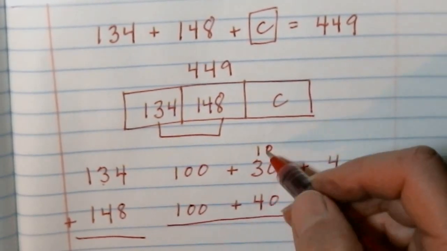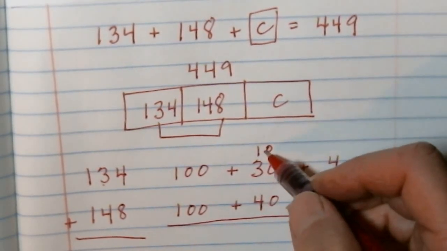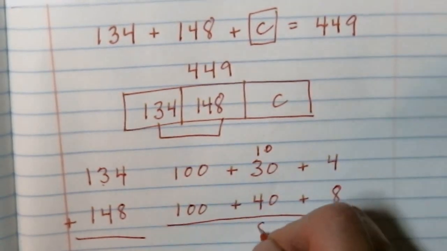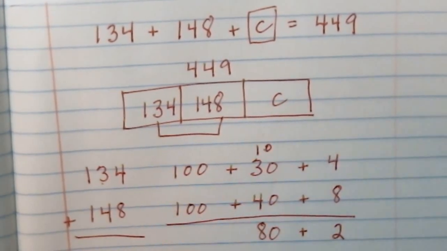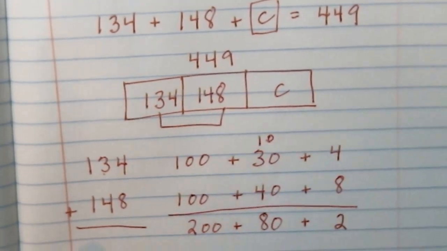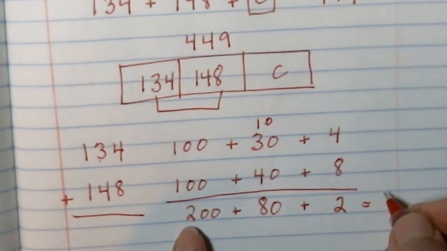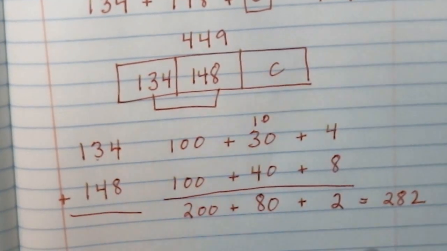Okay, so now we have 10, 30, and 40. 10 and 30 is 40. 40 and 40 is 80. And then we have 100 and 100, which is 200. Okay, so these two numbers are going to equal 282.